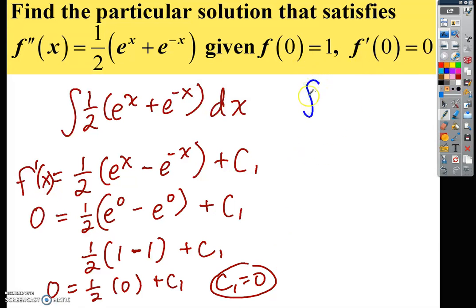And so we have the integral of 1/2 e to the x minus e to the negative x plus 0.